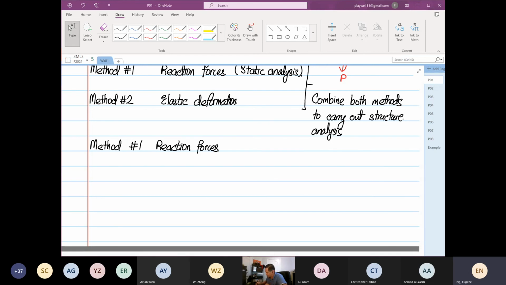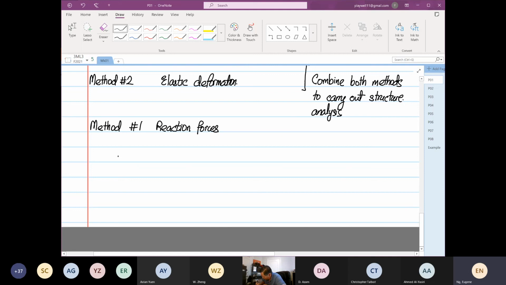So in static reaction forces, okay, we have a beam, and then we know the beam is under a load P, and we have a reaction P prime, right? So with this, all you need to do now is apply static analysis.